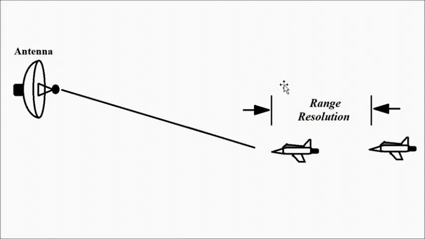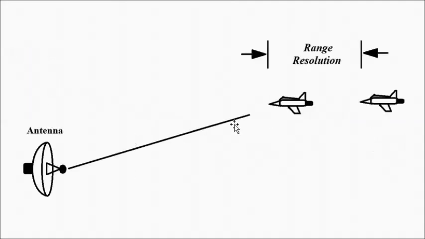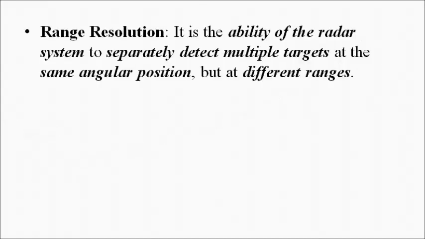In this situation, the resolution for the radar is called range resolution. Same thing happens in this case also, almost the same angular position but different range. How accurately it can detect the gap between them is called range resolution. So this first type of resolution is called range resolution.